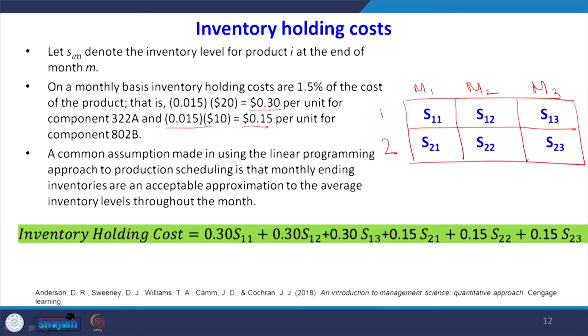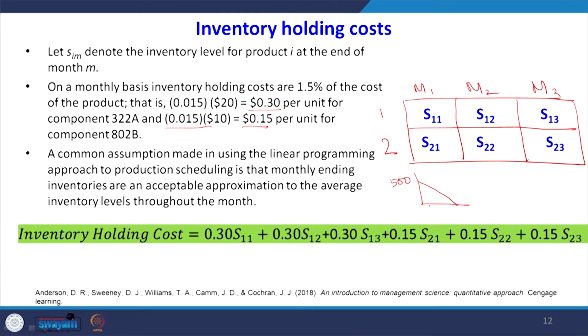Here the common assumption made in using this LP approach to production scheduling is that the monthly ending inventory is an acceptable approximation to the average inventory level throughout the month. Generally, suppose I have ordered 500 units.